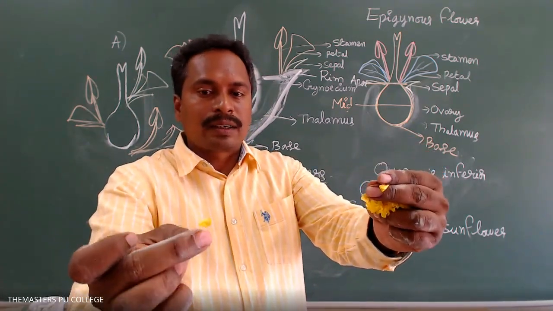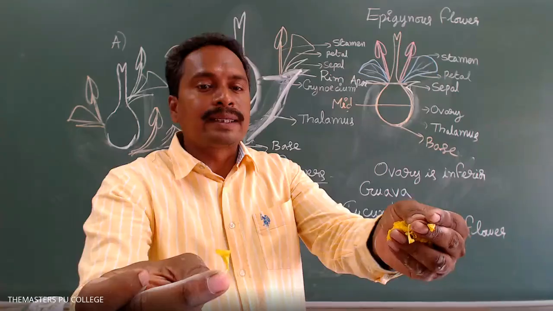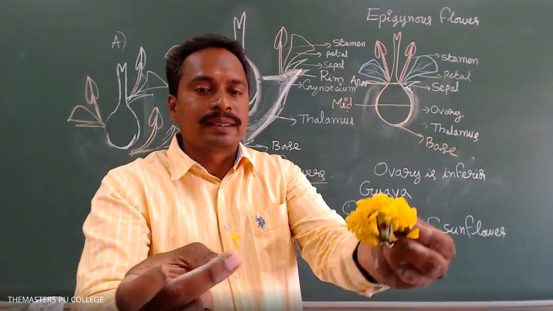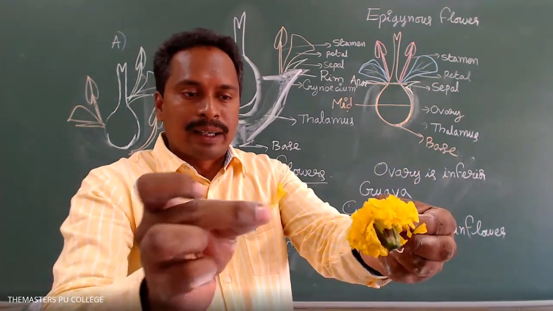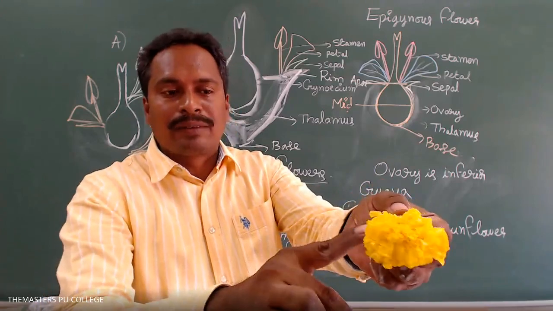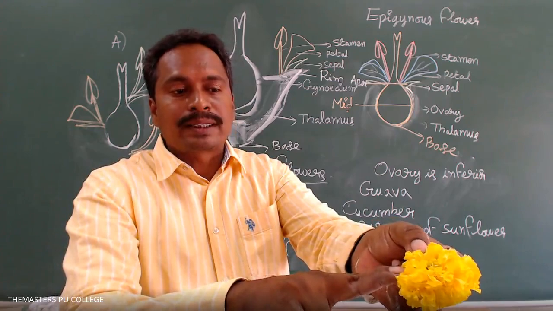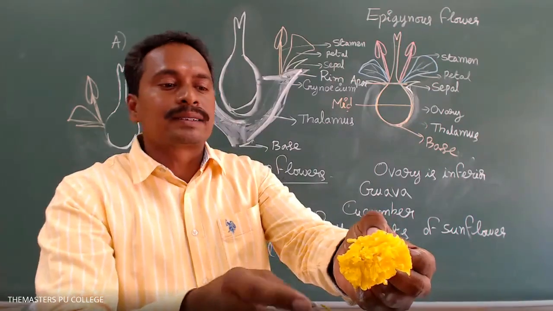So these are the ray florets. The biological name of this plant is Helianthus. Several hundreds of the smallest, reduced flowers are present in this inflorescence. Sir, in cauliflower also florets are present, no, sir?